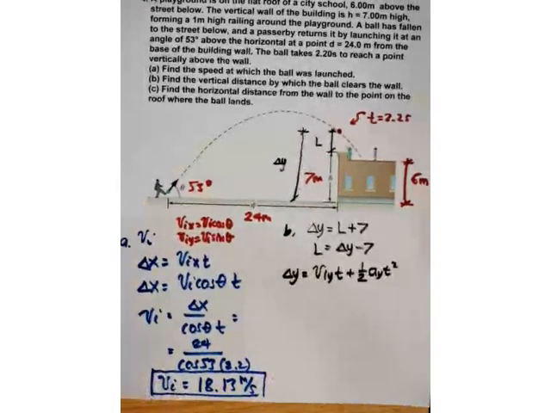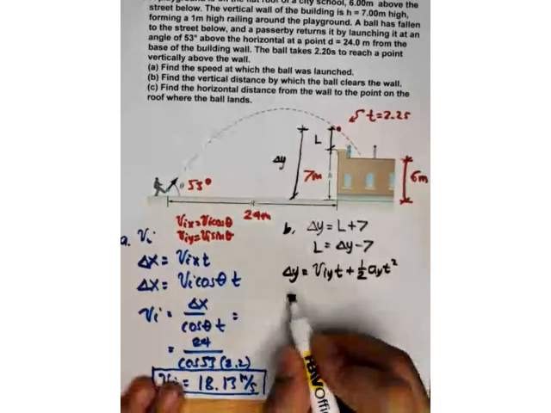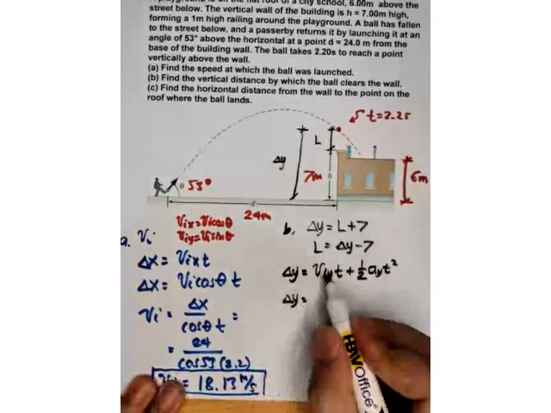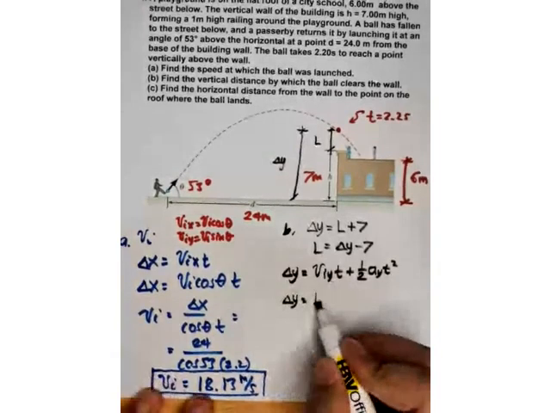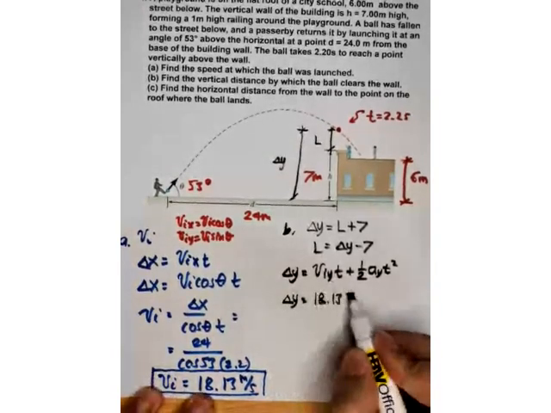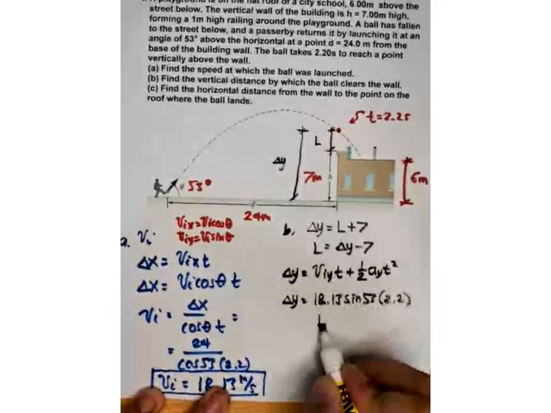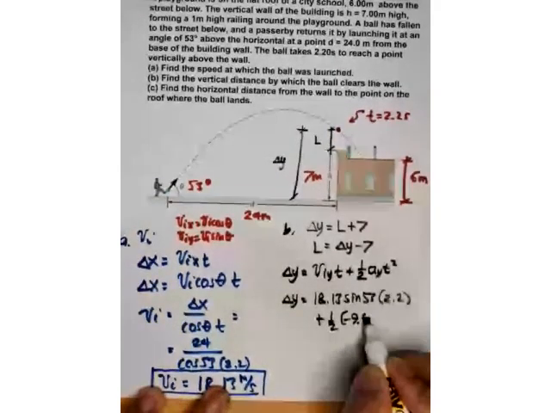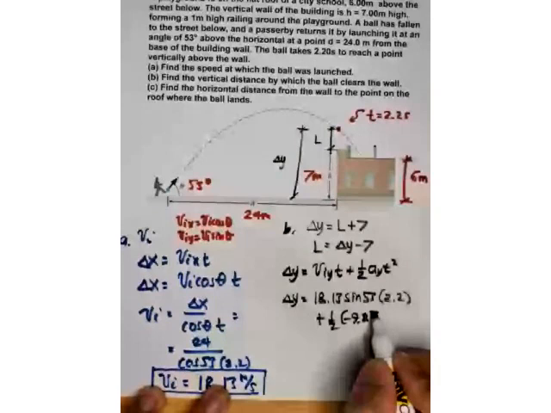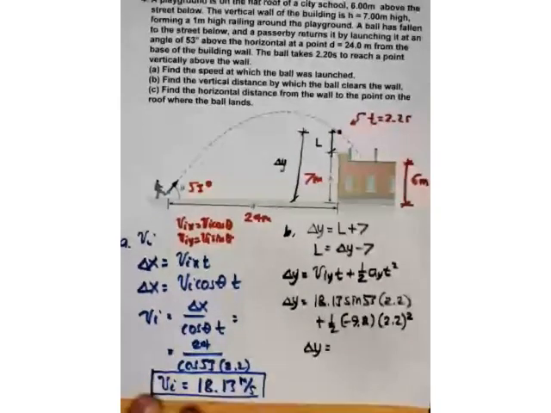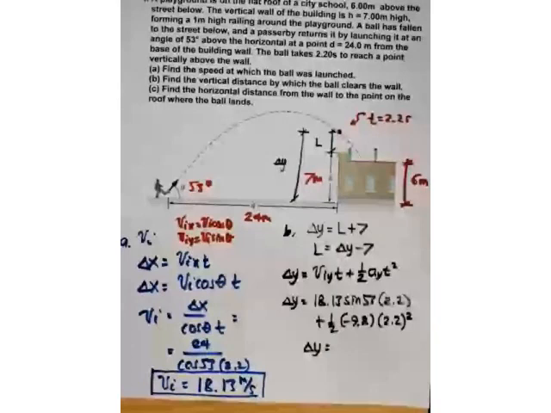Ayan. So ano yung delta y? So that's the unknown. So delta y is equal, VIY is 18.13 sine 53 times 2.2 plus 1/2 times negative 9.8 times 2.2 squared. So what is delta y? Pwedeng pa-compute ng delta y?